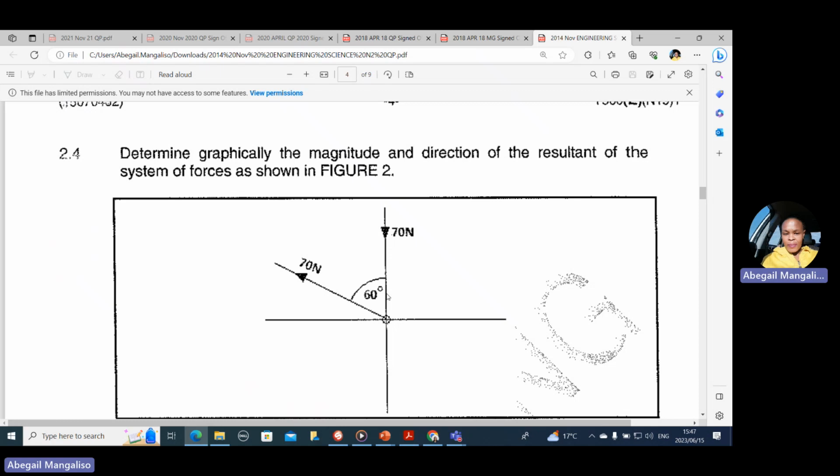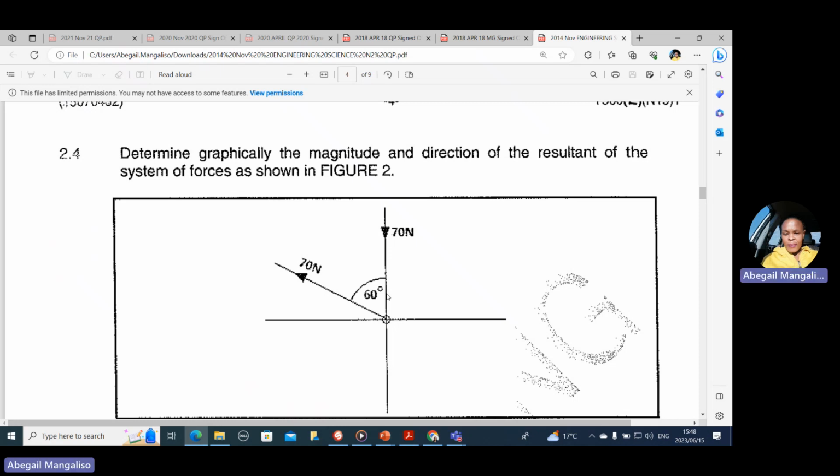The angle it makes is 60 degrees from the vertical line. 0, 10, 20, 30, 40, 50, this is 60 degrees.